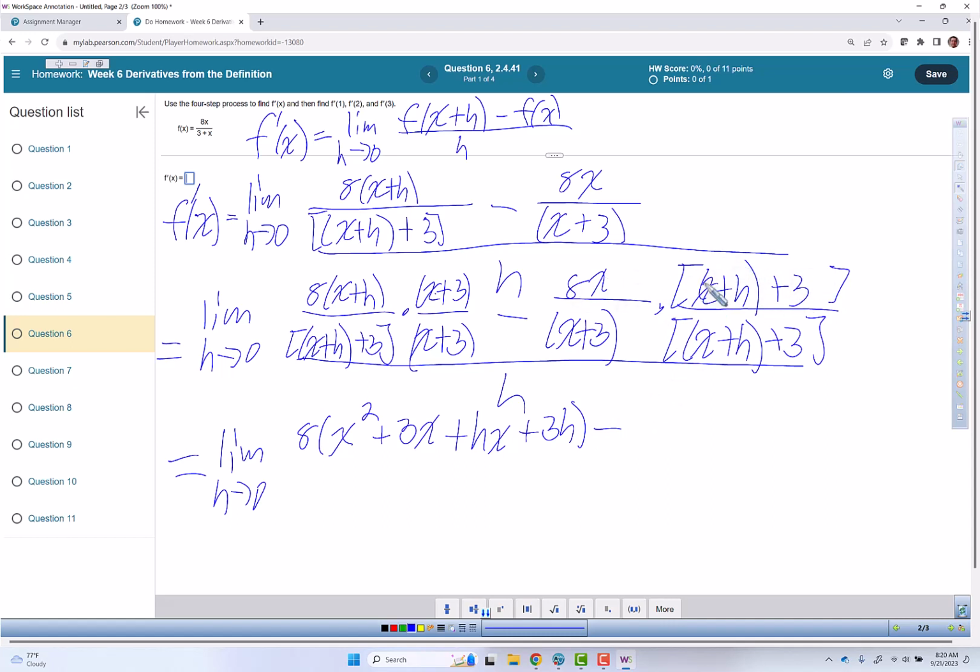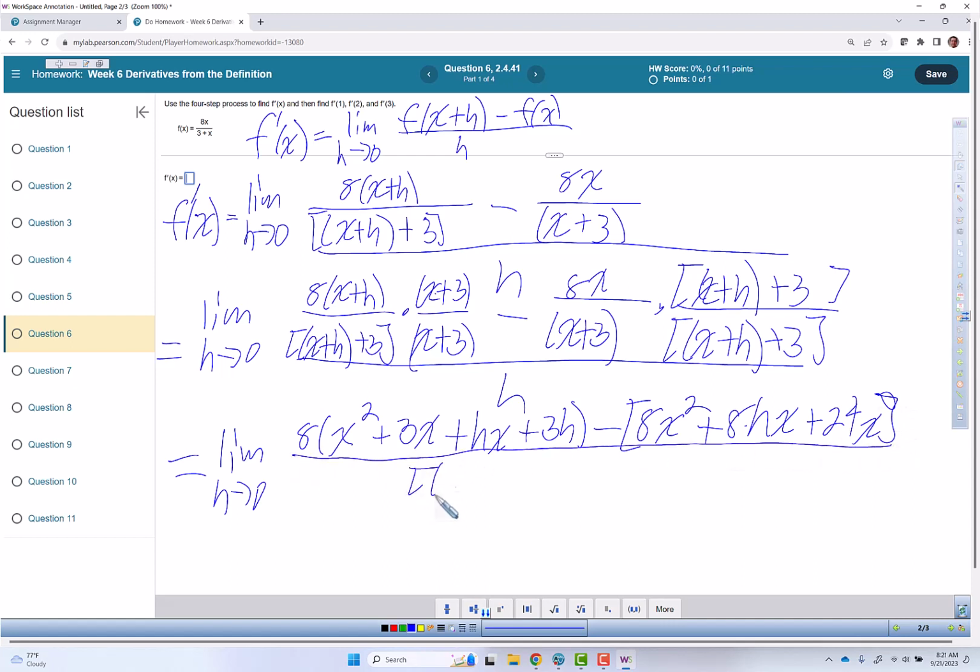So 8x times x is 8x squared, and 8x times h is 8hx, and 8x times 3 is 24x. And this is all going to be over our single common denominator, which is x plus h plus 3 times x plus 3. And that huge numerator is all over the little denominator, h.